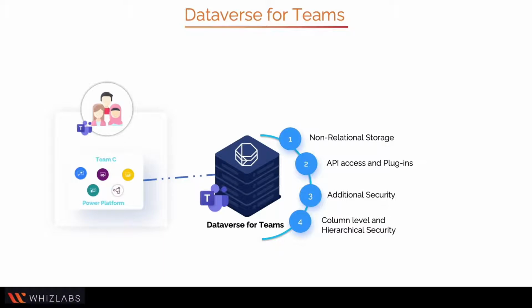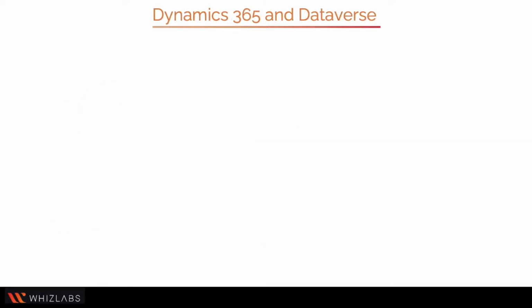Microsoft Dataverse for Teams does not have a relational storage. It does not come with API access and plugins, and the access is restricted to just the team owners, members, and guests.